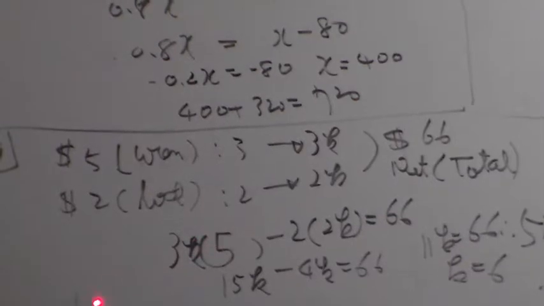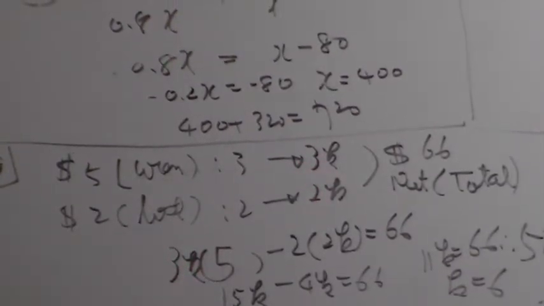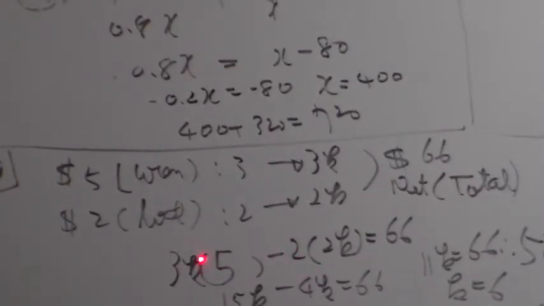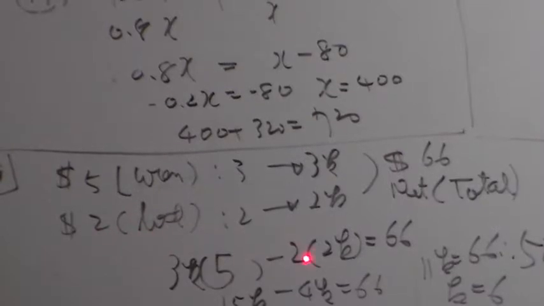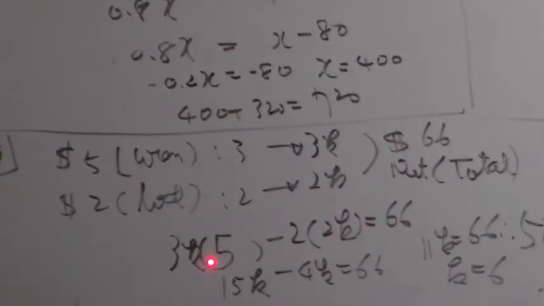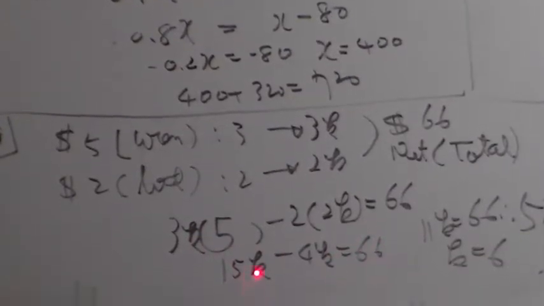So right there, what is the winning total? Actual play is 3K times 5 is winning, and minus lost, 2 times 2K. Right there is $66. So this one is 15K minus 4K is 66.